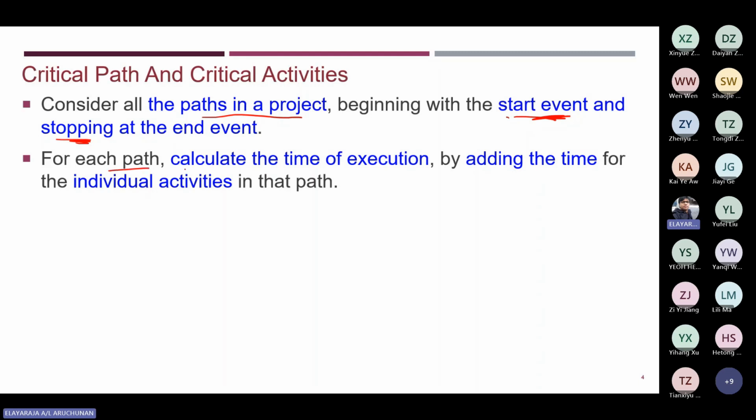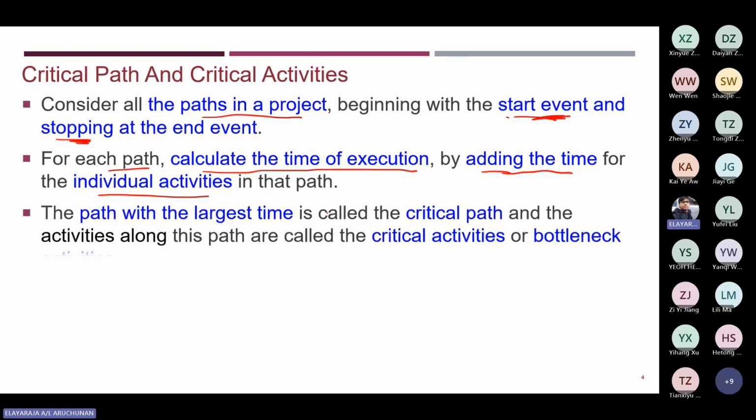For each path, we calculate the execution time, meaning how long it takes to complete the activities, by adding the time for the individual activities in the path. That way you can easily calculate the duration along each path.